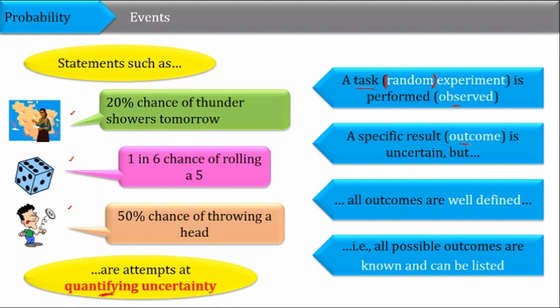However, we are able to list, or we should be able to list, all possible outcomes, like rolling a die. We can list the outcomes 1, 2, 3, 4, 5, and 6, but we can't say exactly which one we're going to get. So a specific outcome is not possible to predict. It's uncertain what it's going to be. However, all the outcomes, we say that they are well defined. In other words, we know what they are and they can be listed. Again, like the die.